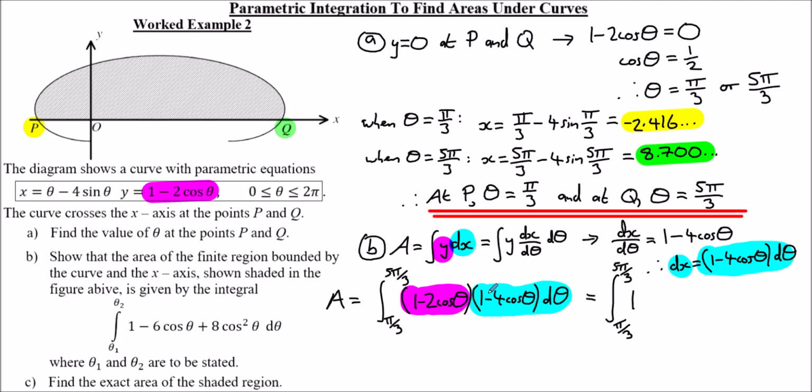Well, 1 times minus 4 cos theta, that's minus 4 cos theta. Minus 2 cos theta times 1, that's where we get the minus 6 cosine theta. And then minus 2 cosine theta times minus 4 cosine theta, minus times a minus, that's going to give positive 8 cos squared theta, all with respect to d theta. And so that's part B done.